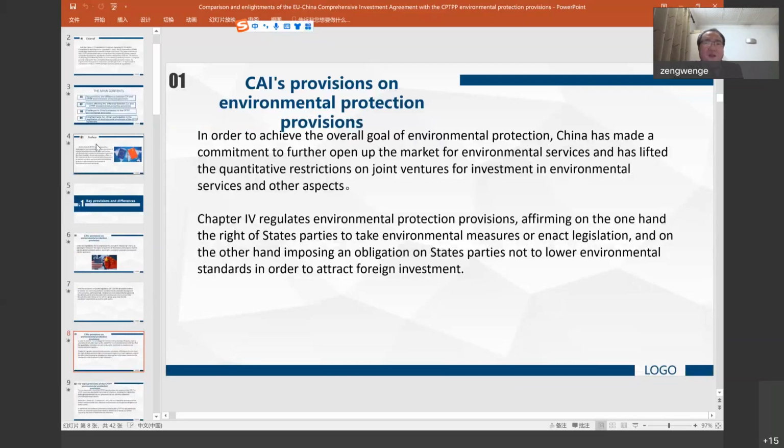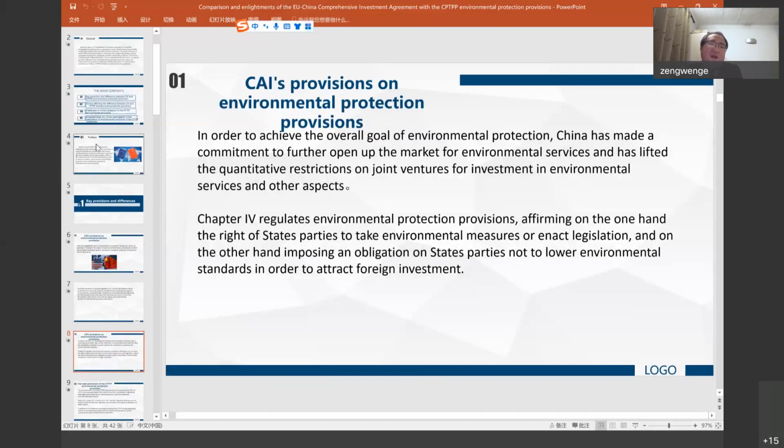In order to achieve the two overall goals of environmental protection, the CAI commits to further open up the market to environmental services, and to ease quantitative restrictions on joint ventures or investment in environmental services and other aspects.